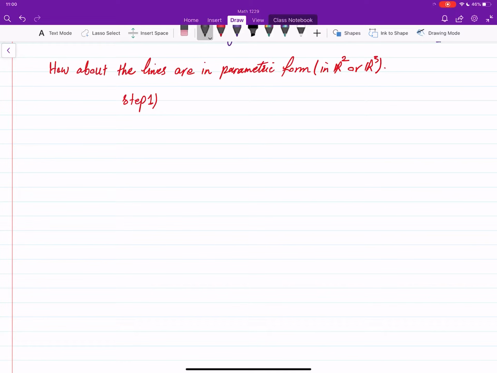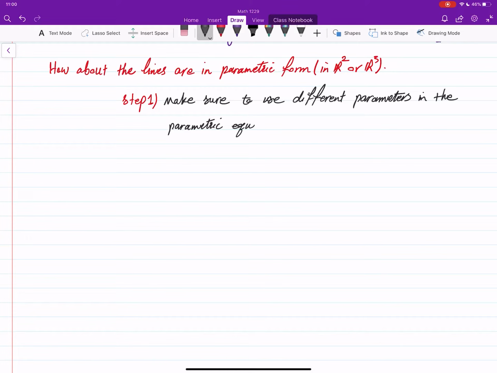What you need to do first is make sure to use different parameters in the parametric equations of the lines.